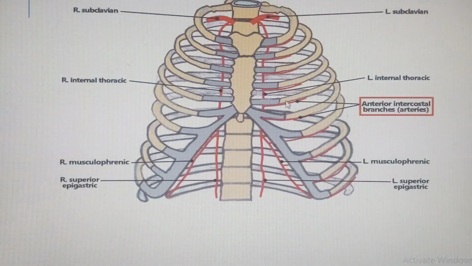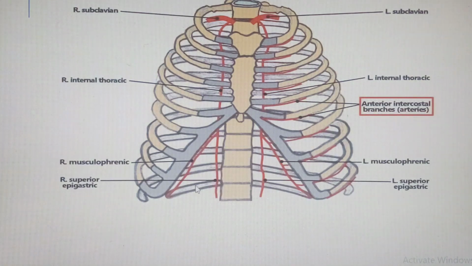So the upper 6 come directly from the internal thoracic artery, and the lower 3 come from the musculophrenic artery, which is a branch of the internal mammary artery. That is one thing you have to know regarding these.